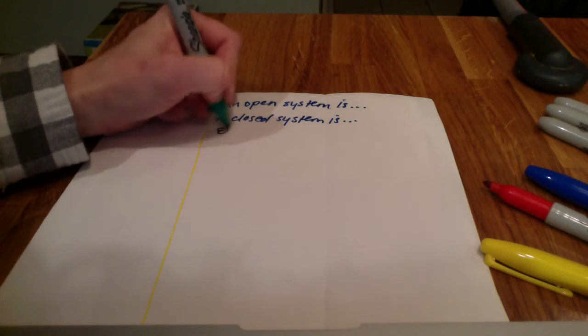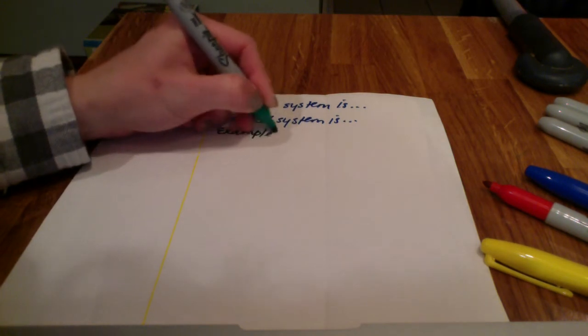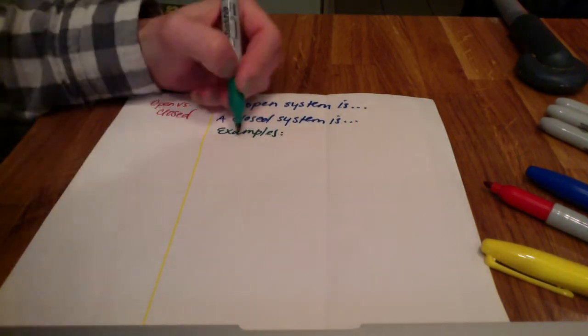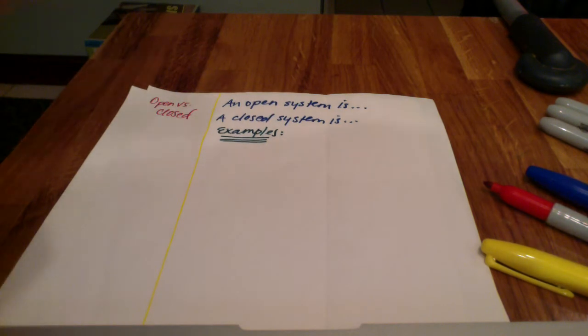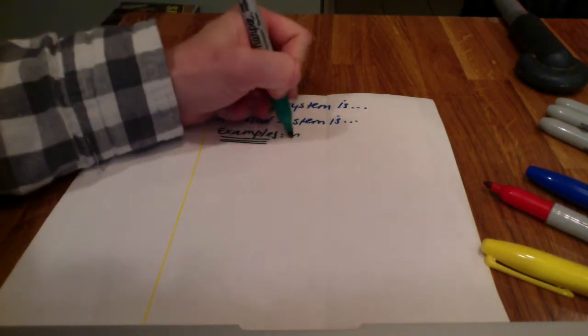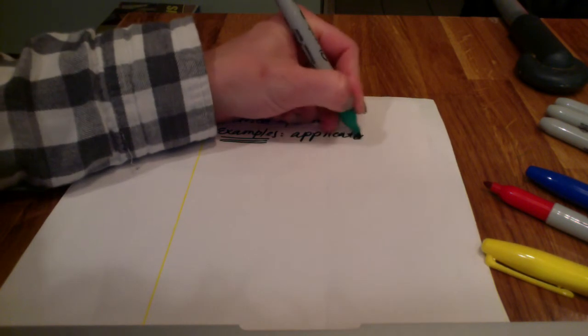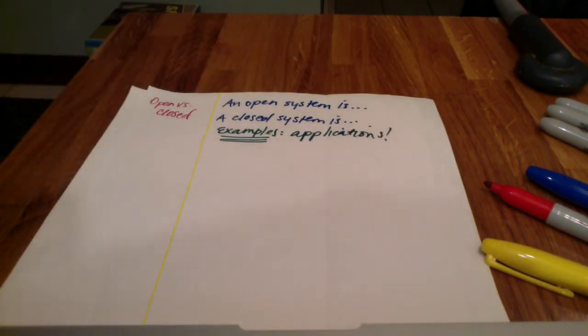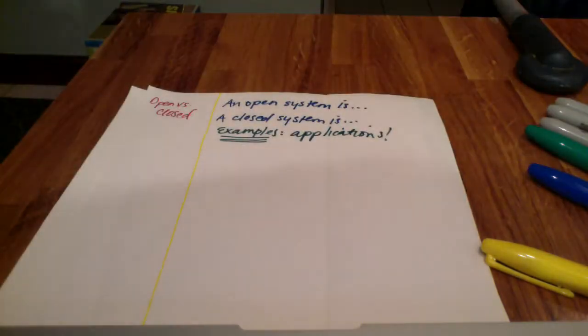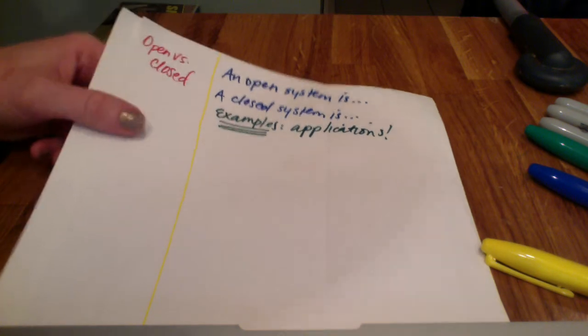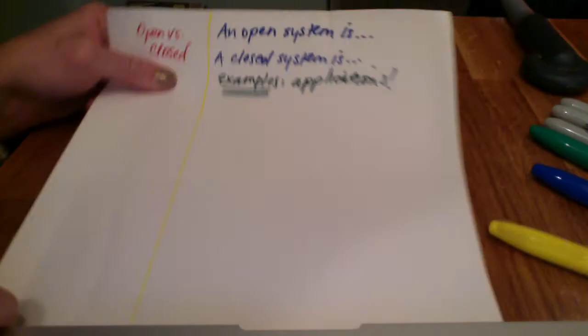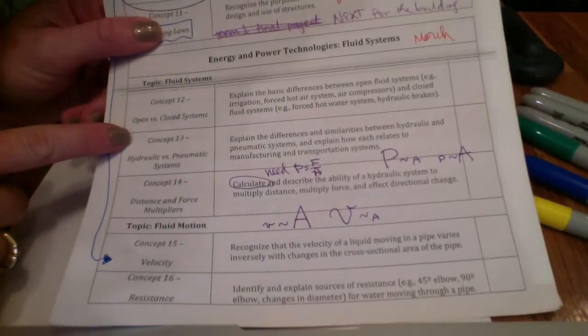And you can say examples, so that you know what those are and how we apply them. So this is where we apply these definitions. And we used closed systems in our robots. So you have a great example of a closed system already. All right, so that is concept 12, open versus closed systems.